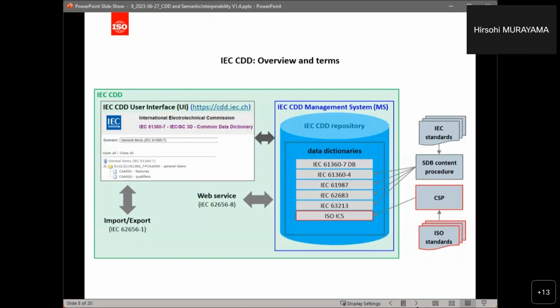In the case of ISO, there is a committee-specific procedure for CDD, and using this procedure, we can update the content or propose content to the CDD without going through the paper-based, time-consuming process. We can do it within 4 to 6 months currently. Next slide, please.